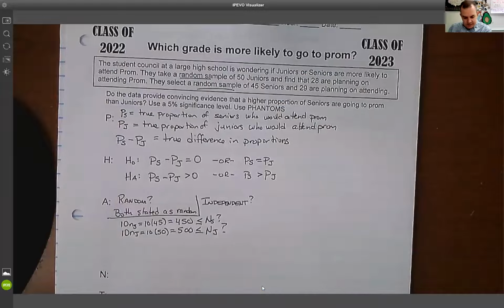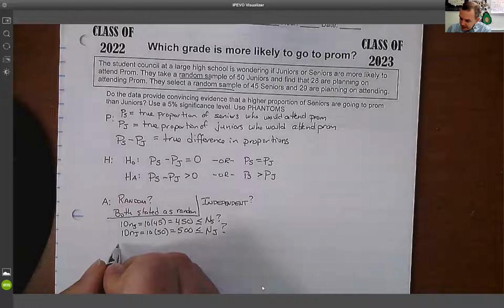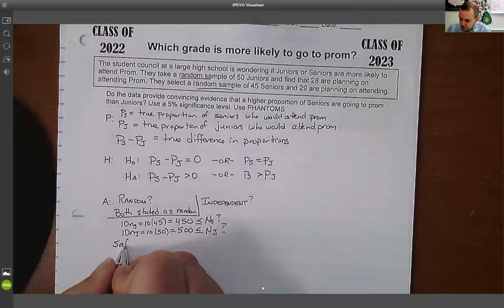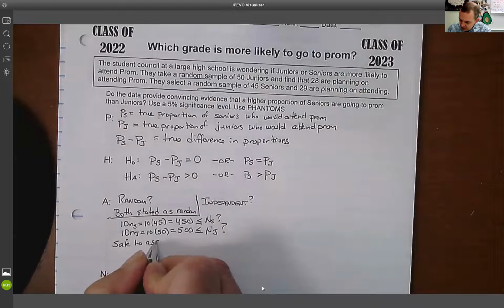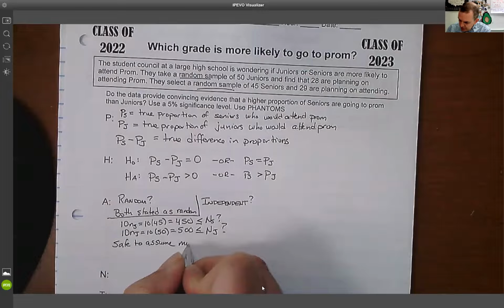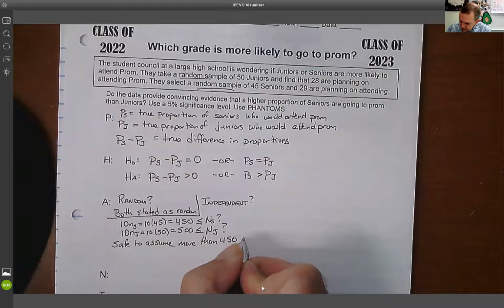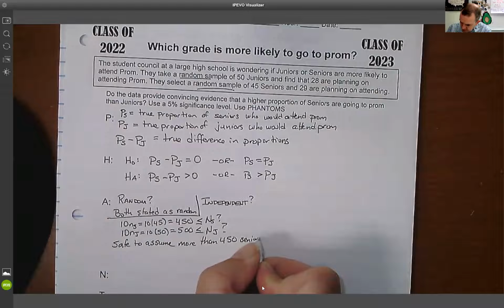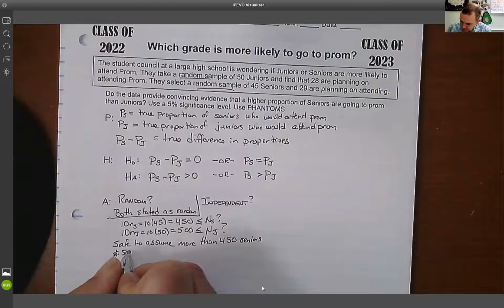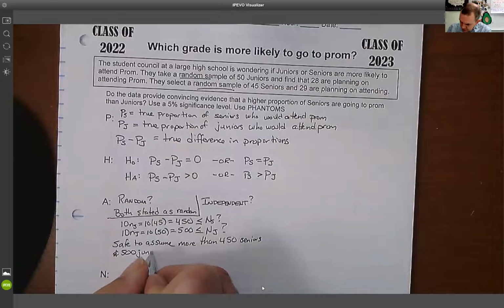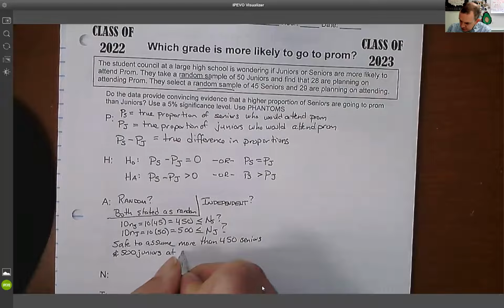And what I'm going to say is, if I'm not sure, I'm going to assume, I'm going to say safe to assume more than 450 seniors and 500 juniors at a large high school.